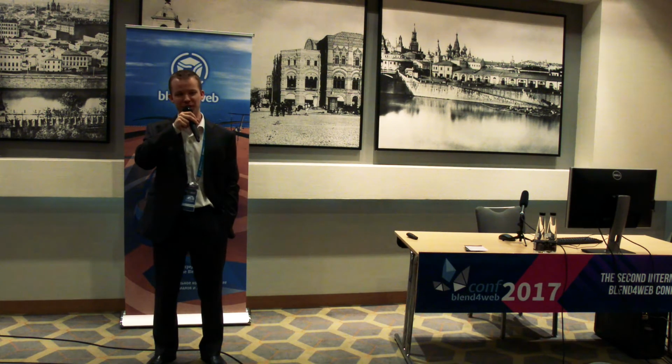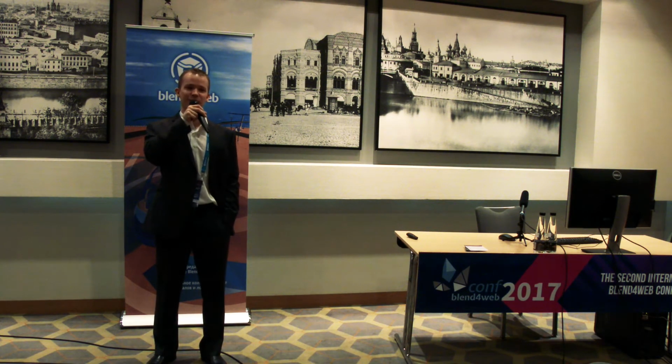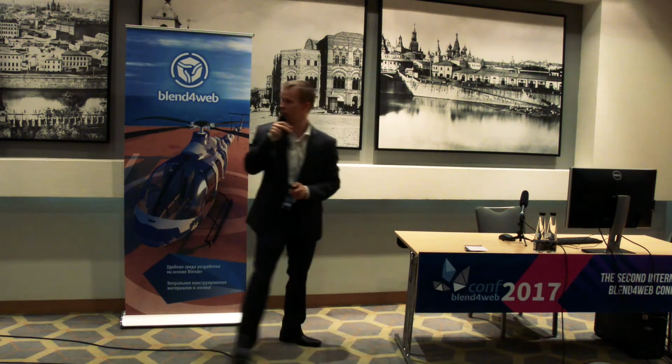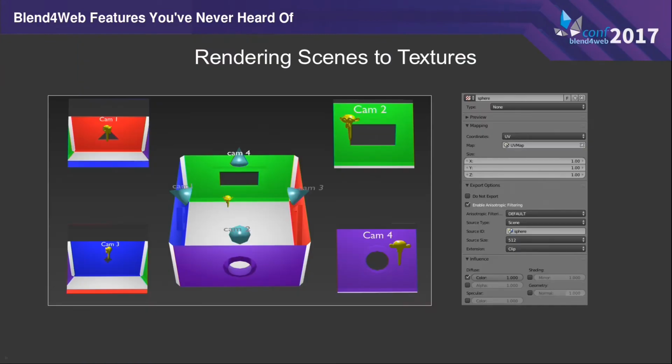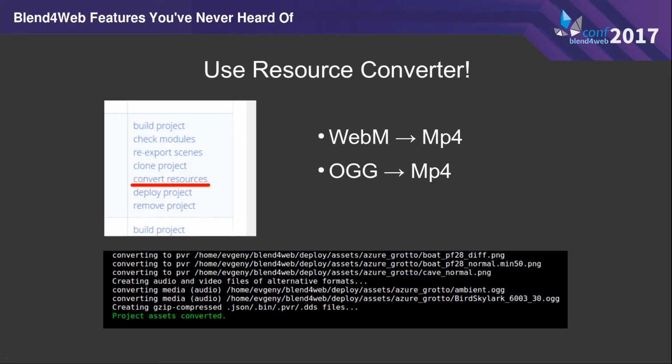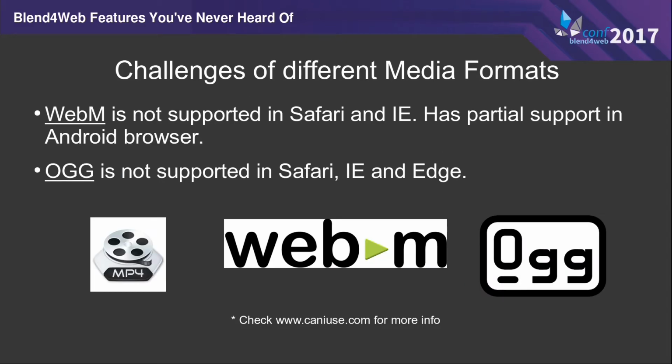MP4 doesn't work on every platform, but for this case, as I have mentioned previously, we can make a logic switch, and for one platform use one video, and for others another video. And the cool thing is that you do not have to. Blend4Web will do this for you. You just get all the converted formats just after pressing the convert resources function, and then depending on your platform, Blend4Web will choose what kind of format to use.